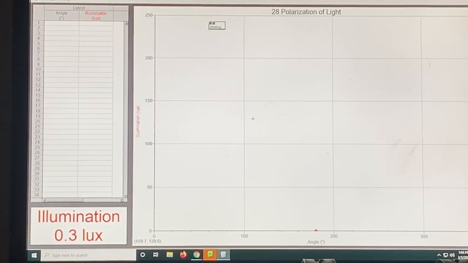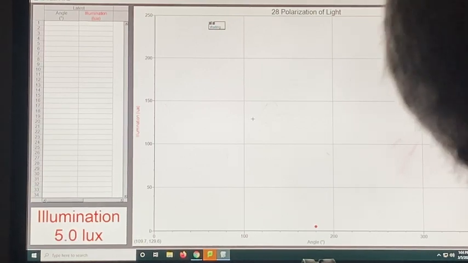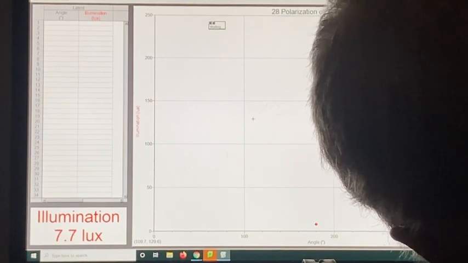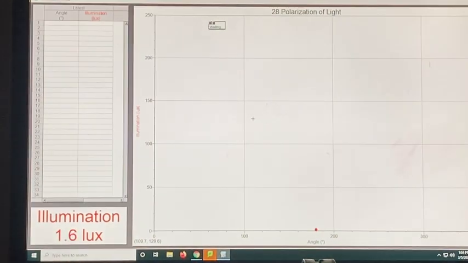Now I'm going to put it in between, as I explained. I'll put the first one at 0 and leave the other one at 90.